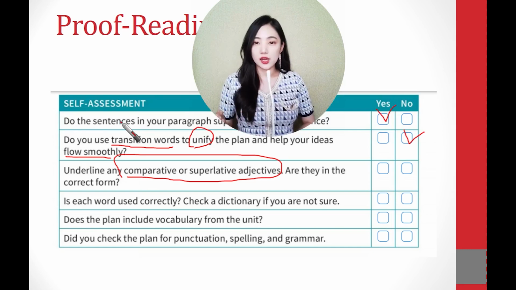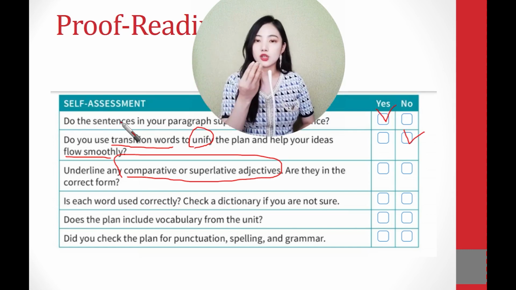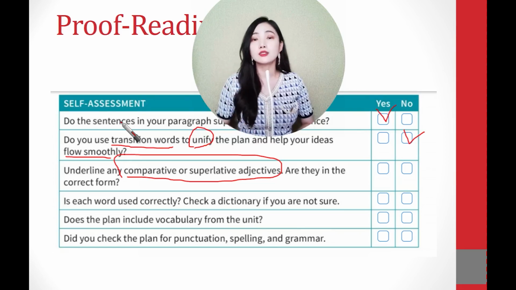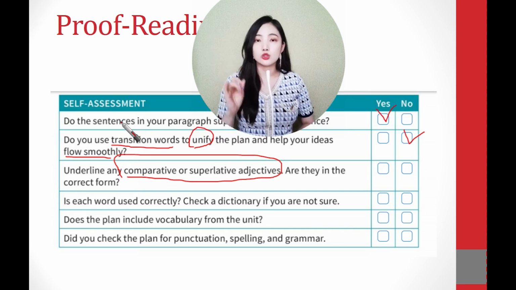Maybe it's about trends, and you describe your fashionable items for the trend by using very detailed comparative and superlative adjectives. So please use detailed words. If your vocabulary is lacking, you can use a dictionary, of course. Find in the dictionary what the meaning of this is. What are the better adjectives?